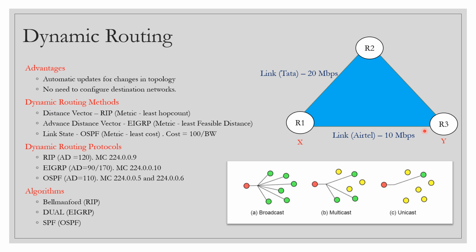Hop means you jump across a router, so the number of hops means the number of routers. To reach R3 from R1 through Airtel, it's just one router only, and that's why it will say least hop count, I will pick the Airtel link.